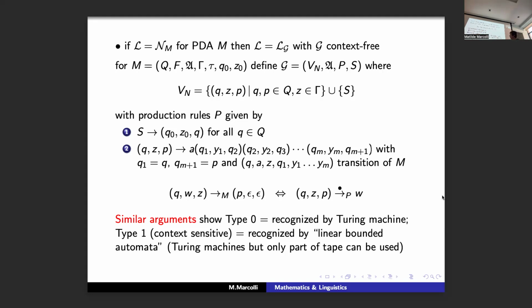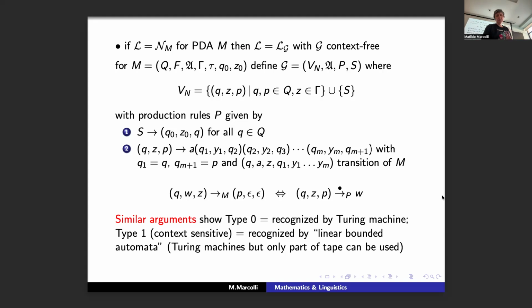Then, if you have a transition in the automaton that starts with a certain state, uses a letter in the alphabet and in the stack, goes to a new state and deposits a certain word in the stack, you think of this word as giving you the intermediate steps of your calculation in the grammar. In this way you can construct the grammar, and all of these calculations are compatible with the property that you want from the grammar. So this is the basic idea.